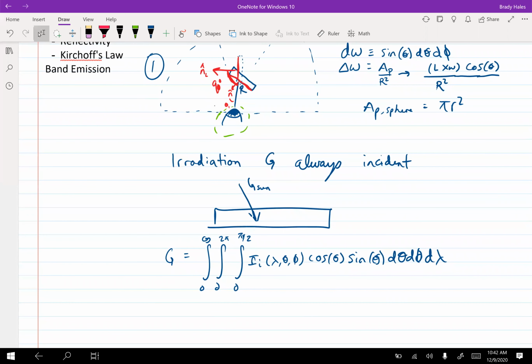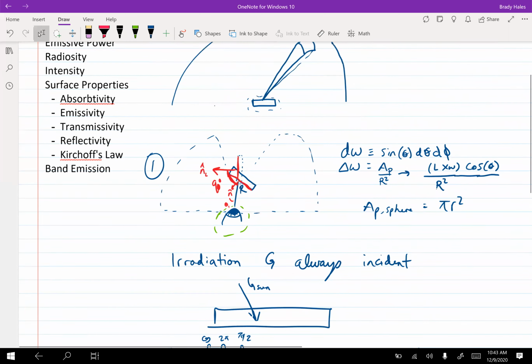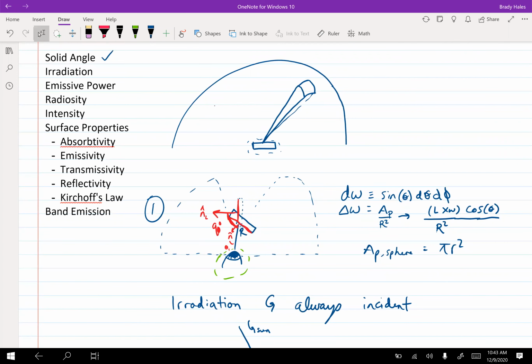We're going to talk about these triple integral definitions a little bit later. They're really important, and if you can get a really good handle on them, you will be sitting pretty well for your final exam.